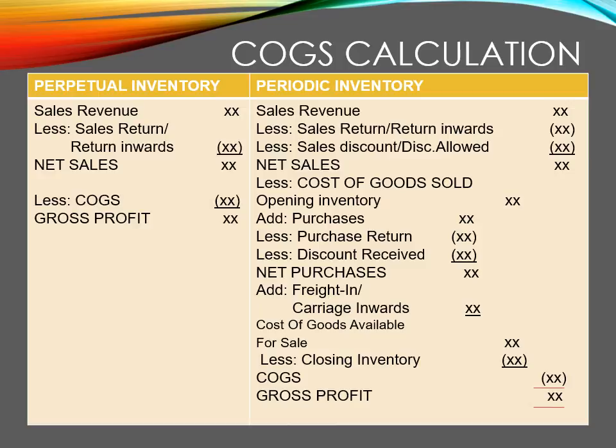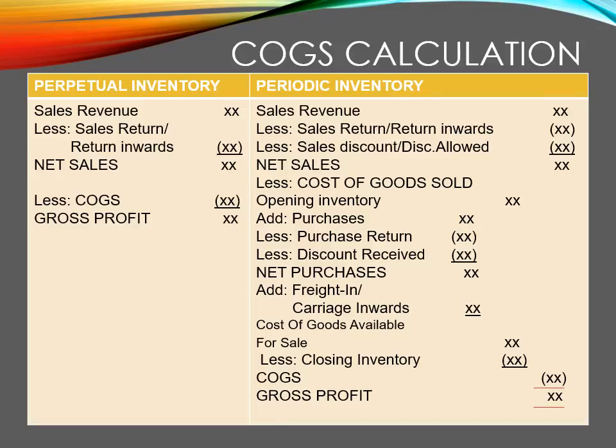Then you add the purchases less purchases returned less discount received, and then you need to add the amount of cost related to increasing the cost of your inventory, such as the carriage inwards, tax on the goods purchased, or the insurance that you need to pay for the goods purchased.